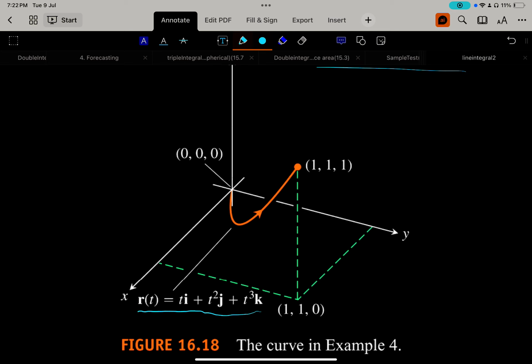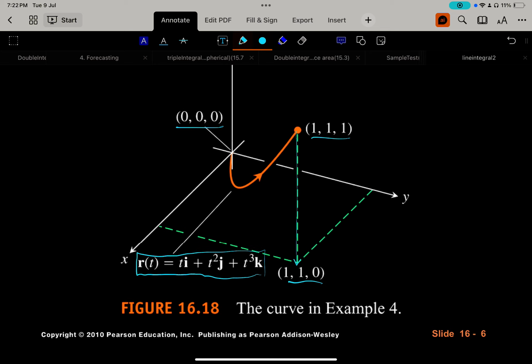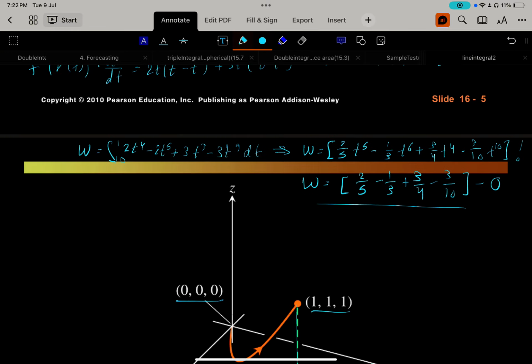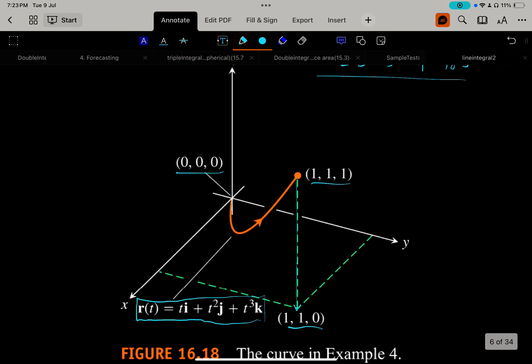That's our example that we just solved. Now r of t equals t i plus t squared j plus t to the 3 k, and it starts from the point 0, 0, 0 up to 1, 1, 1, and as you can see the projection of the point in the xy plane is 1, 1, 0. So the curve in example 4 is just this, and we basically found the length of that curve, which is the line integral.